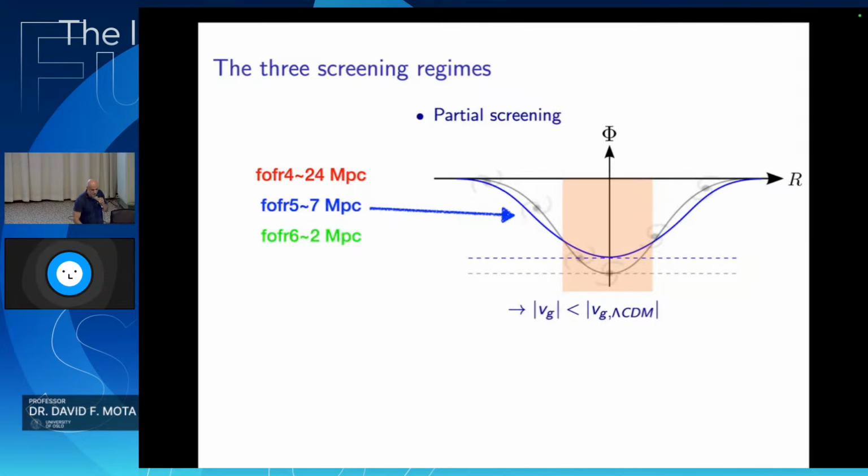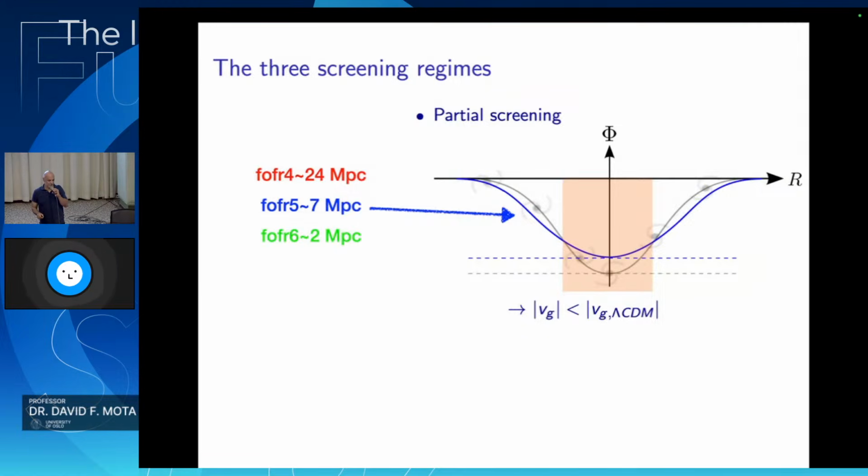And then you have the third possibility, which is a partial screening kind of behavior. My F of R5, where the range is 7 megaparsec, is a very strange theory because in the center of the cluster it doesn't really create a very deep gravitational well, but on the edges it creates some deviations from general relativity, which is this line here. It's a very strange kind of behavior, and it changes the NFW profile, in fact.